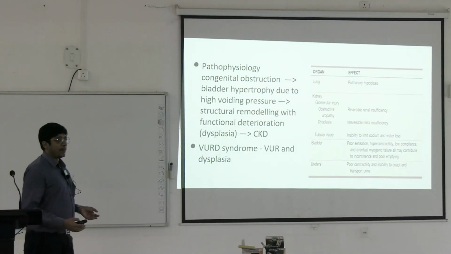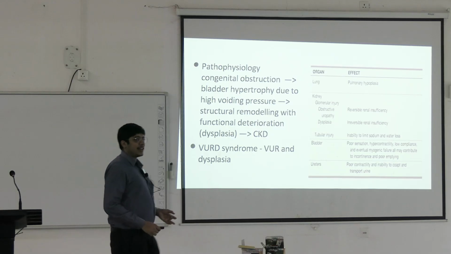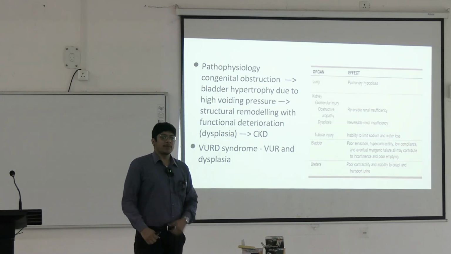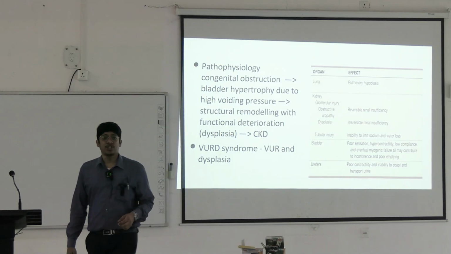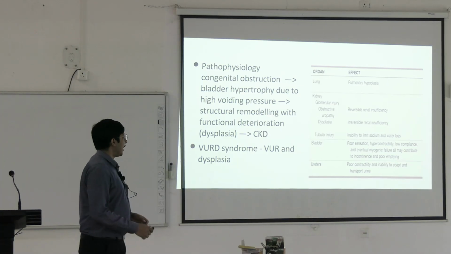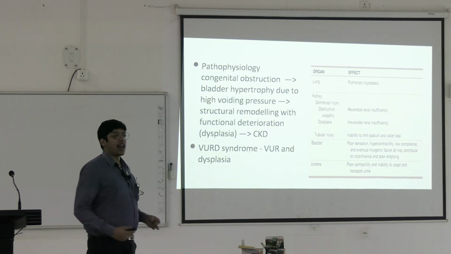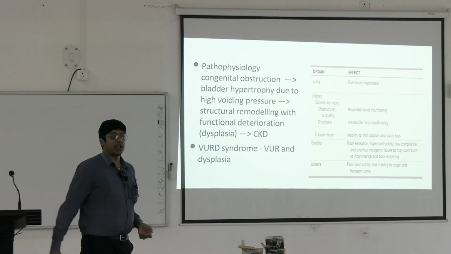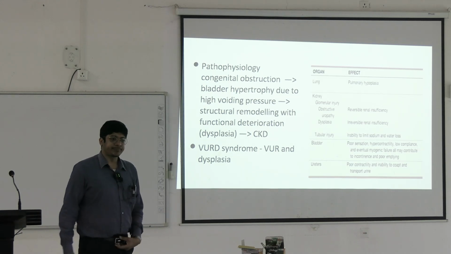Apart from this, because of oligohydramnios, there is a huge range of problems that the patient suffers from, the most important among them being decreased lung compliance and pulmonary hypoplasia. Why does that happen?